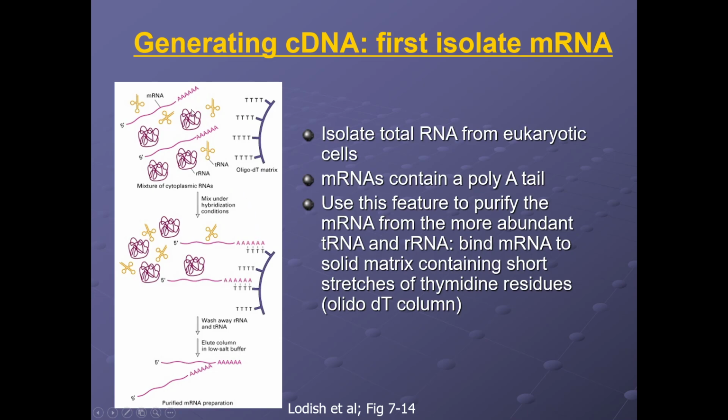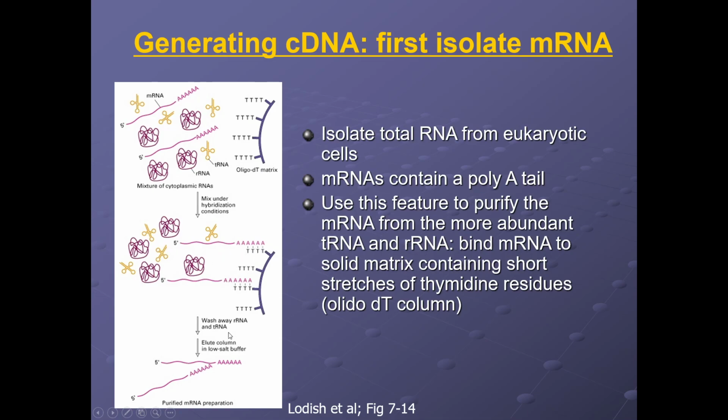You just need to know the basic principle that mRNA has distinctive poly A tails, and we can use these poly A tails to isolate this mRNA from the solution by using beads that have poly T residues, which will complement the poly A tails and therefore will help you extract the mRNA with poly A tails from the solution.